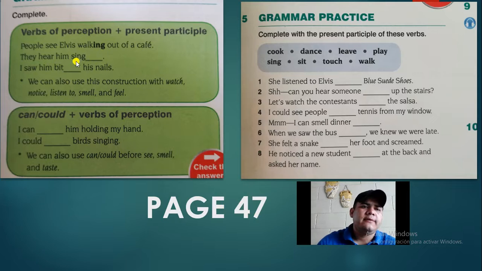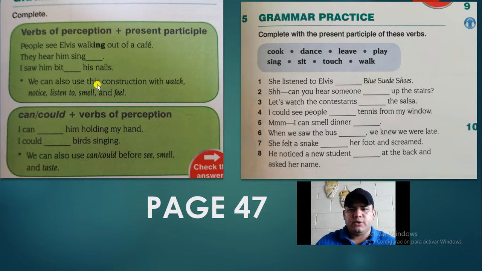They hear him, they hear sing. They hear him what? Singing, right? I saw him biting his nails. Those are the examples that I have already provided. And we can also use the construction with watch, notice, listen to, smell, and feel. Some other verbs. And we have here the one from can and could.